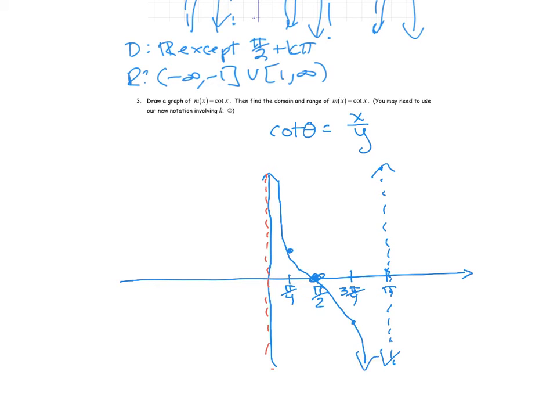Because remember, as I am really close to 0, let me draw it on, if I'm talking about the circle here. If my angle is super close to 0, my y value is very tiny comparative to my x value. So that is making it explode in a positive way.